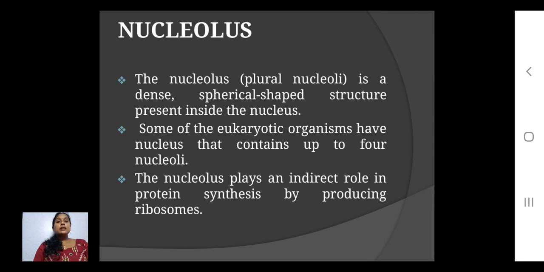The next component is the nucleolus. Nucleolus, in plural, is called nucleoli. It is a dense, spherical shaped structure present inside the nucleus. We already discussed what a nucleus is and its structure, and now we have to see what other components are present inside the nucleus.